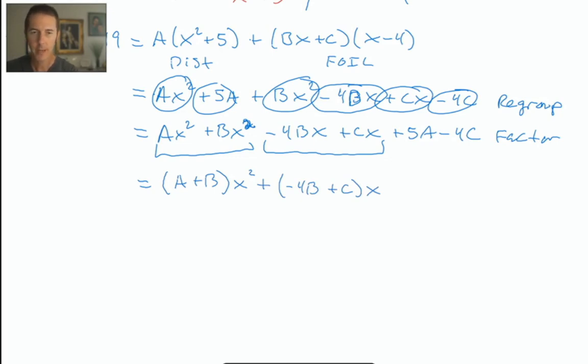You may have never written anything like that in your algebra career thus far, okay? So what's happening is I'm adding a negative here, which is like doing subtraction, which is what I was doing, subtracting 4bx.